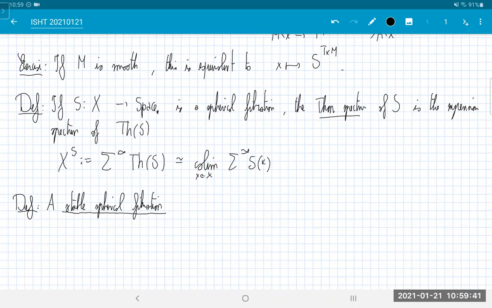It is a functor from X to Sp, and I'm still going to call it S, such that S of x is equivalent to some suspension of the sphere spectrum for every x. And n will be locally constant necessarily, and I'm going to call it the rank of the stable spherical fibration.